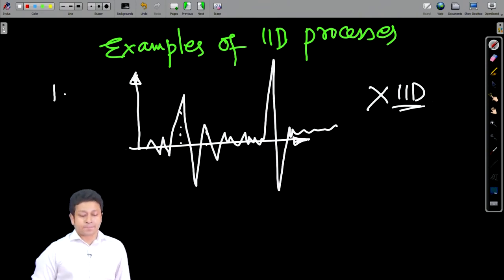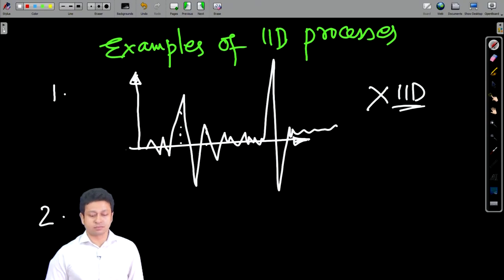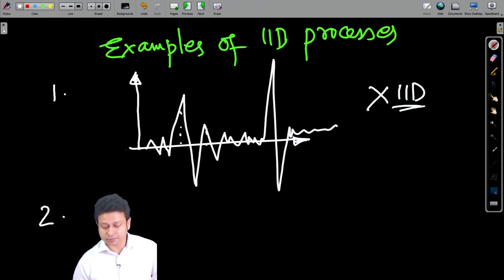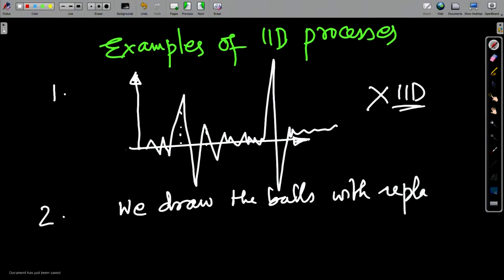Okay. The second problem, let us say there is an urn, and it has plenty of balls, and we draw the balls with replacement. Now, if you draw balls with replacement, what is happening there?